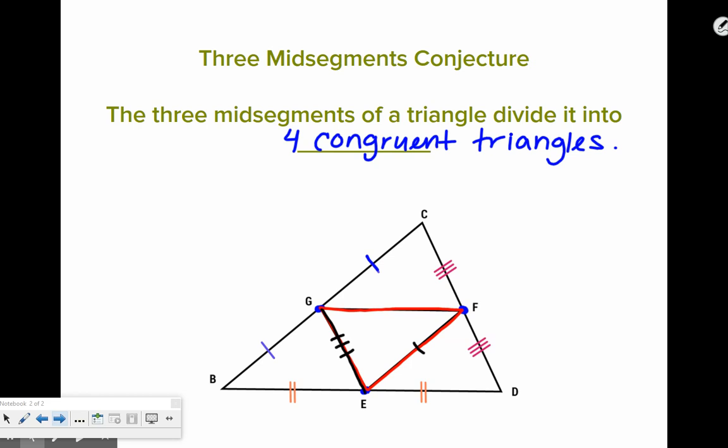Then in our final triangle at the top, we have a congruent marking of 1 and a congruent marking of 3, so this one would have to have a congruent marking of 2.